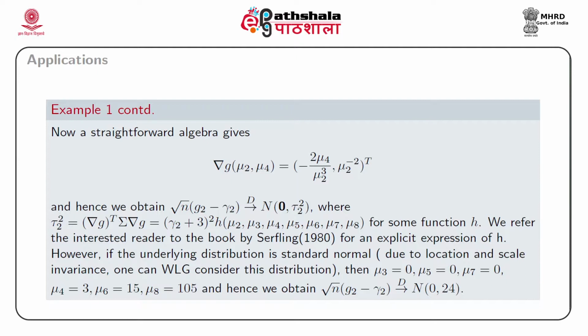Then due to symmetry of normal distribution, all odd ordered central moments are 0, that is mu3, mu5, mu7 are all 0, and using some properties of standard normal distribution, we find that mu4 equal to 3, mu6 equal to 15 and mu8 as 105. Then we obtain the large sample distribution of G2 for normal parent as again normal with mean 0 and variance 24.